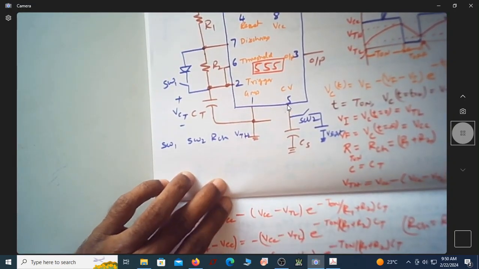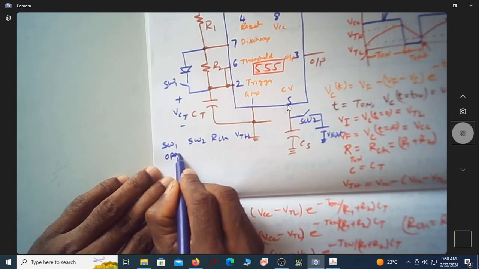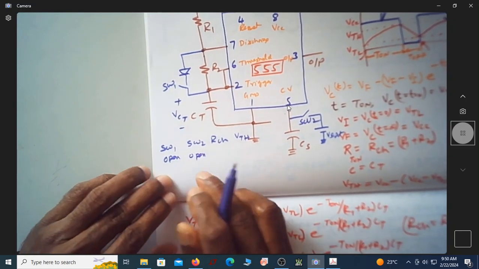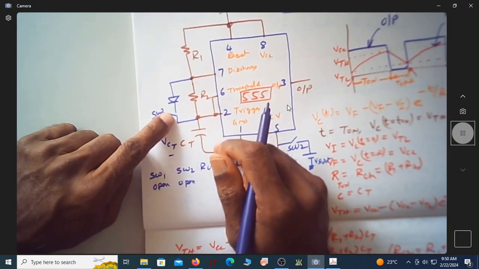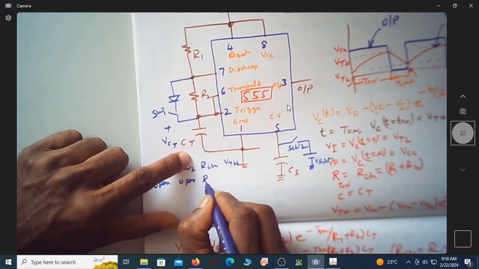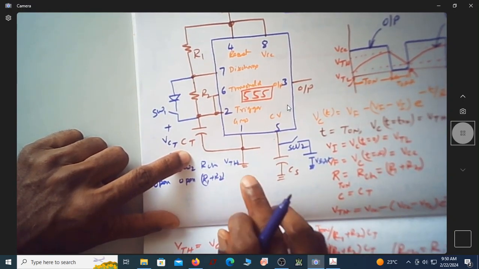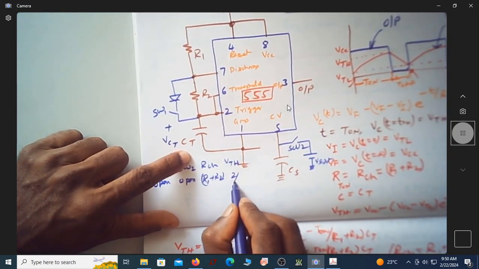Let me just see only these two. If these two are open, then what is the charging resistance? So the charging resistance is R1 plus R2, shall I write it as R1 plus R2? So what is VTH when this is open? Is it not 2/3 VCC?